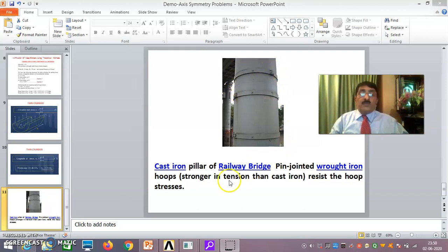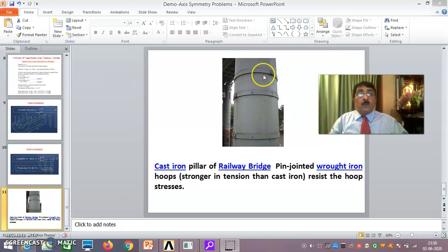These are all pin jointed hoops, stronger in tension than cast iron. That is, these hoops are stronger than this cast iron pillar. Cast iron pillar of railway bridge, pin jointed wrought iron hoops, stronger in tension. That is why, if there is a load on the bridge because of the trains going over it, the diameter is going to increase, because of the straps you have provided.